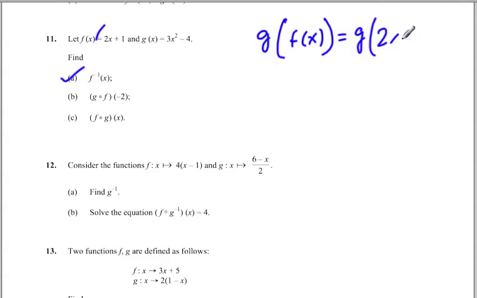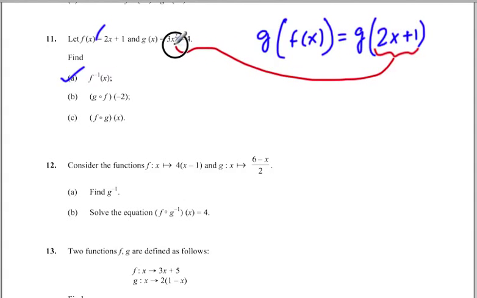And remember, as always, you just take this argument right here and plug it into the x value of g. So that's going to equal 3 times something squared minus 4, and that something happens to be 2x plus 1.